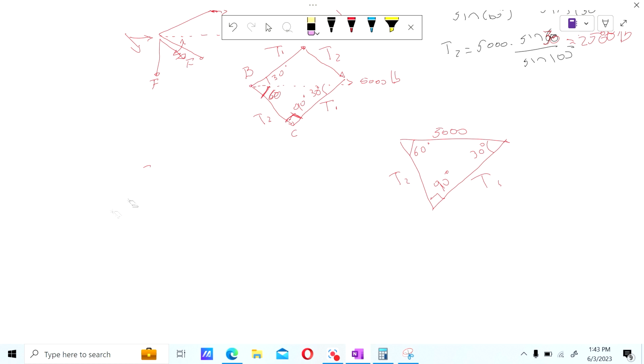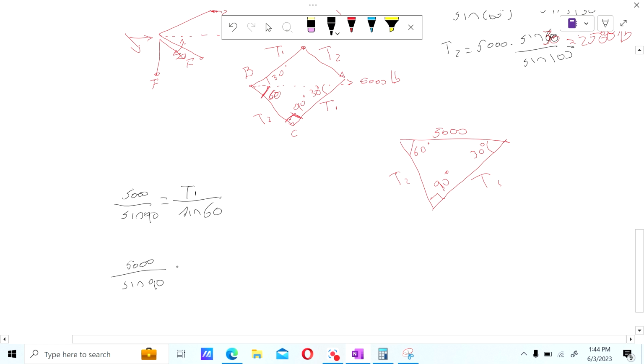So computing those values, we have that 5,000 over sine of 90 is equal to, remember T1 and T2 now change, T1 over sine of 60, and 5,000 over sine of 90 equals T2 over sine of 30.